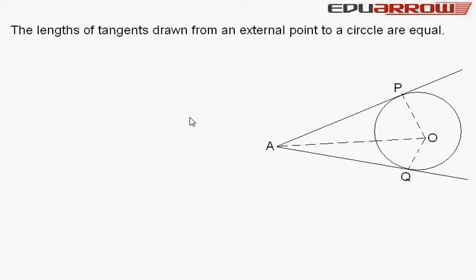A is the external point of the circle O, and if we mark the points P and Q, these are at the same distance from the circle center, AO. So AP is equal to AQ.